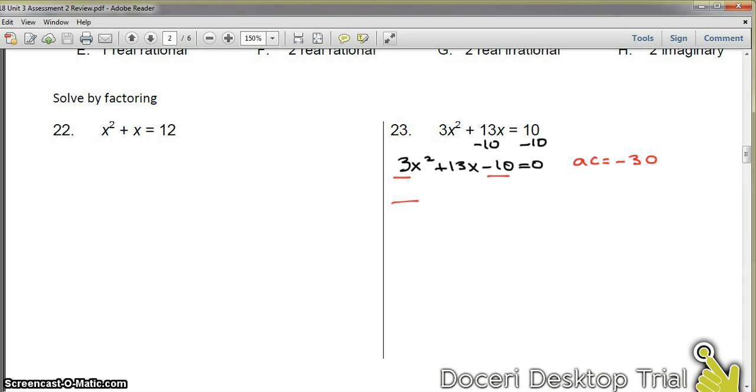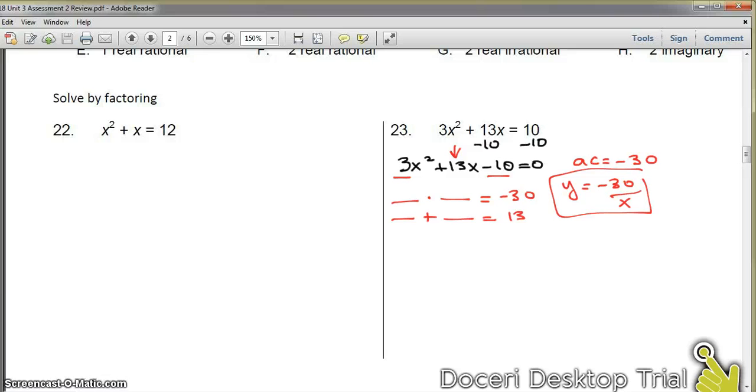So it means you have to think of two numbers. When you multiply, you get negative 30, and when you add, you get the middle number, which is 13. Now, on your calculator, you can go to y equals negative 30 over x, and go to second table. It will give you all of the numbers that multiply to get negative 30, so you have to think which ones add to get 13.